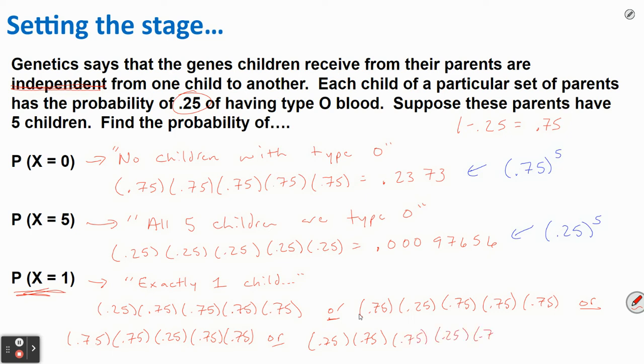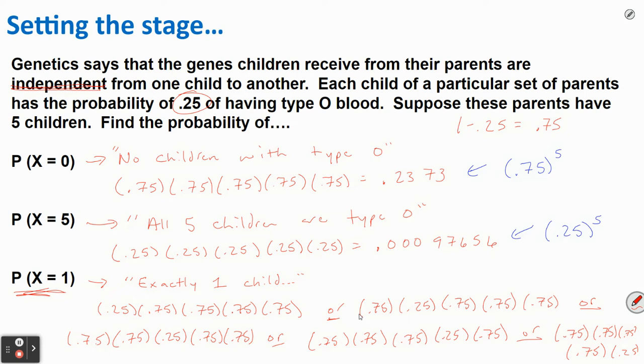And then finally, exhaustingly, or 0.75, 0.75, 0.75, 0.75, I've run out of room on my screen, and then finally the fifth child has a 25%. Now, these are all mutually exclusive cases.